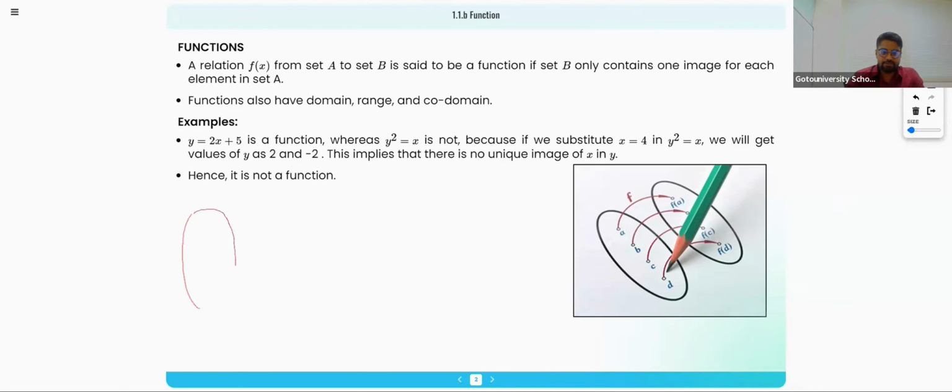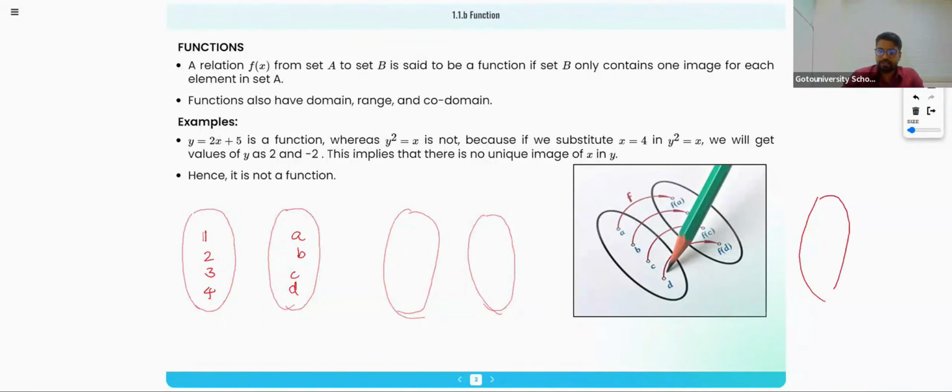See, I have two relations here, and one of them is a function, one of them is not. So I want you to identify the difference. I will give you one more example on this side. Out of the three, there's only one which is a function, and the other two are just mere relations. Okay, you have to guess. First, let me map them.